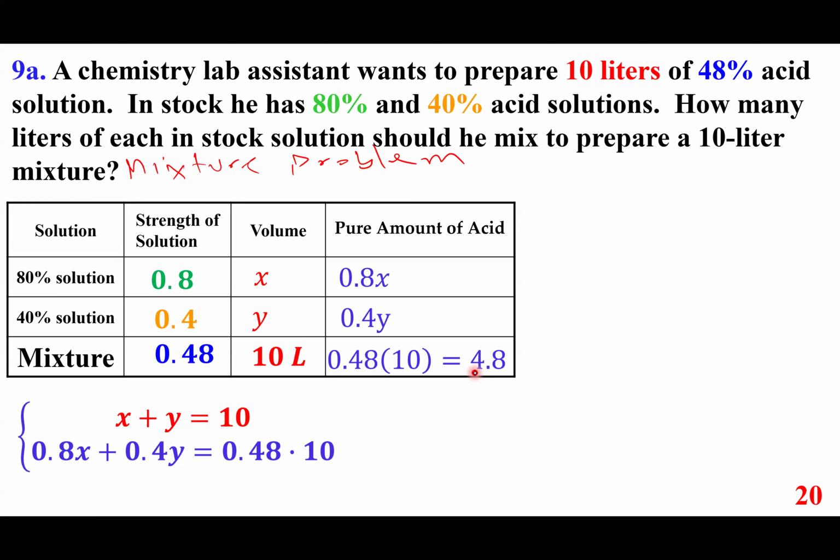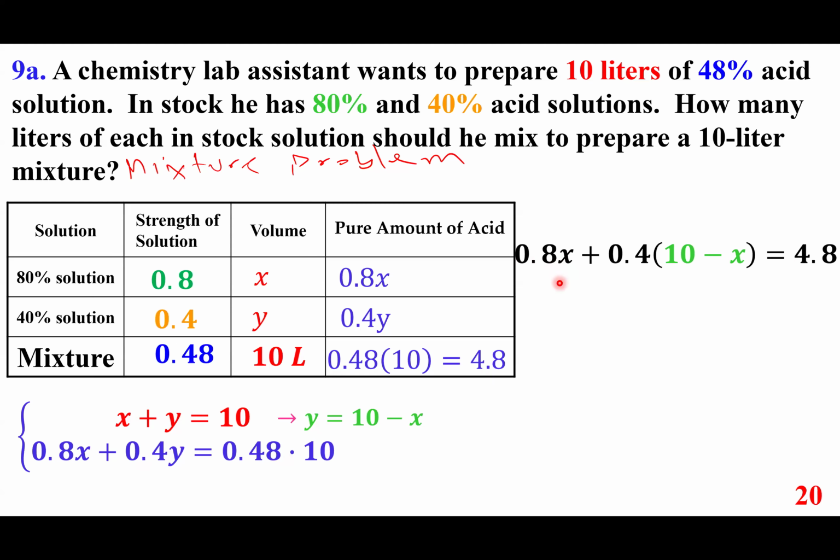So having said that, we can go by the substitution by replacing the y with 10 minus x. So we have 0.8x plus 0.4 times 10 minus x. And of course, we have already said the answer is 4.8 here.